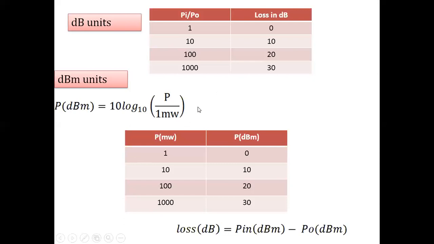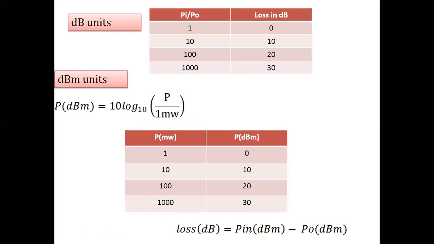If P naught is the reference of 1 milliwatt, then whatever power I want to represent in dBm can be taken with reference to this value. So power in dBm is 10 log of P divided by 1 milliwatt, where P is the power we have to calculate and 1 milliwatt is the reference.